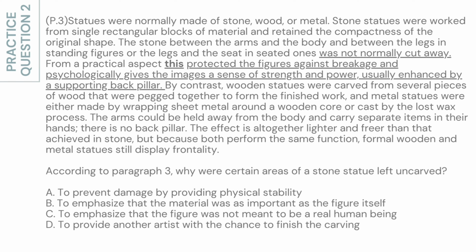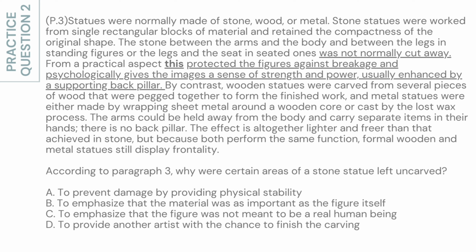It says that this part was not normally cut away and that this protected the figures. We know that this is referring to not cutting away this part. This protected the figures against breakage and psychologically gives the images a sense of strength and power, usually enhanced by a supporting back pillar.